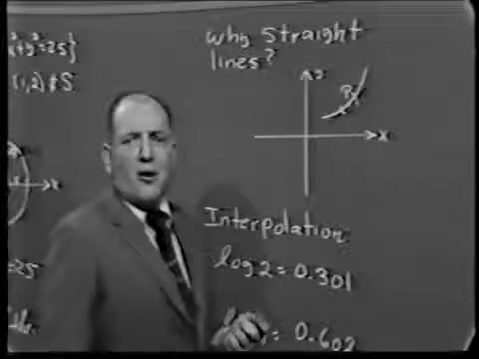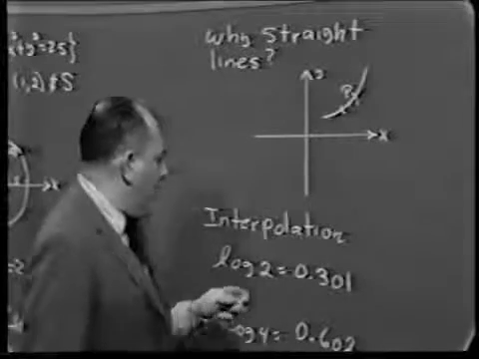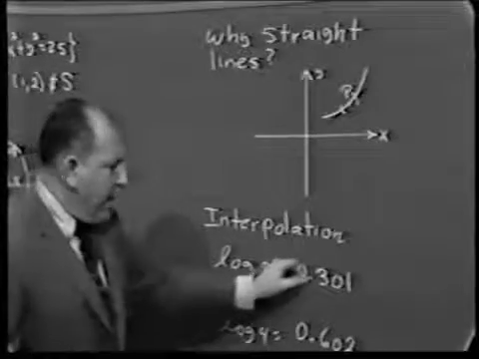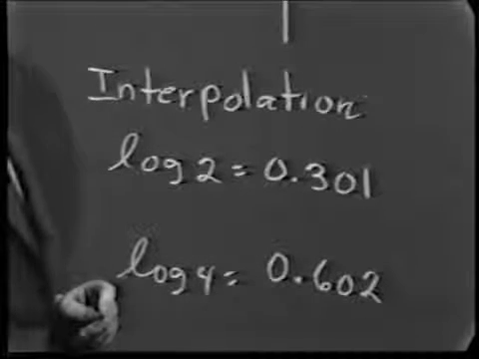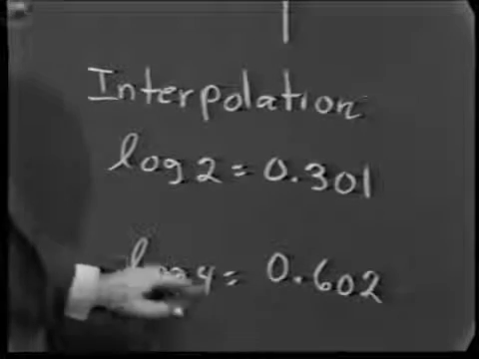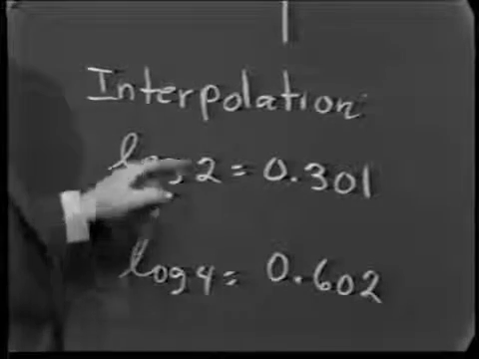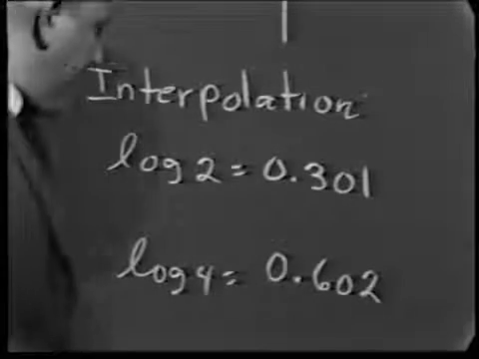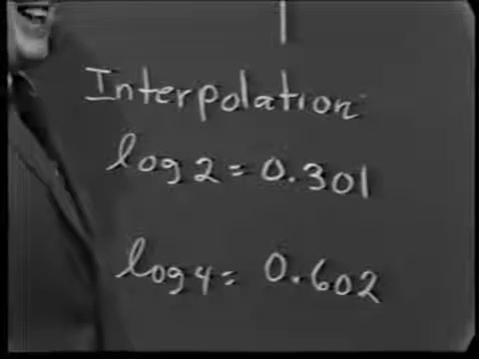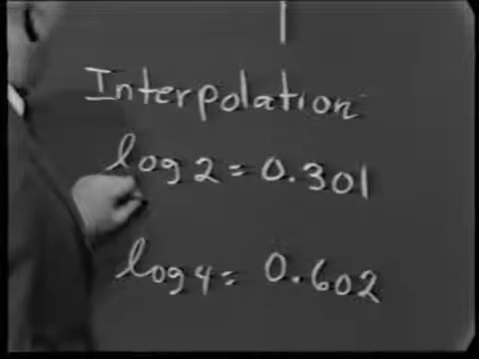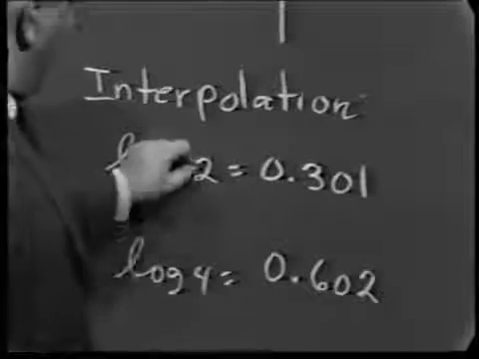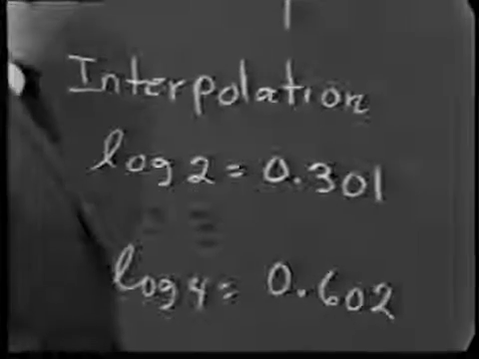For example, let's suppose I go to a log table and I look up the log of 2. I find that the log of 2 is 0.301. I look up the log of 4. I find that's 0.602. Now I look for the log of 3 and I see that it's been obliterated. I don't know what it is. So I say, well, let me guess. 3 is halfway between 2 and 4.